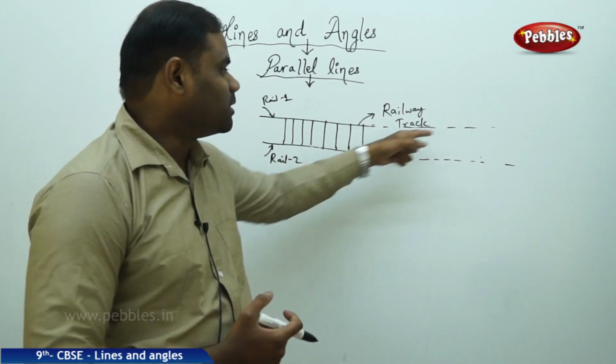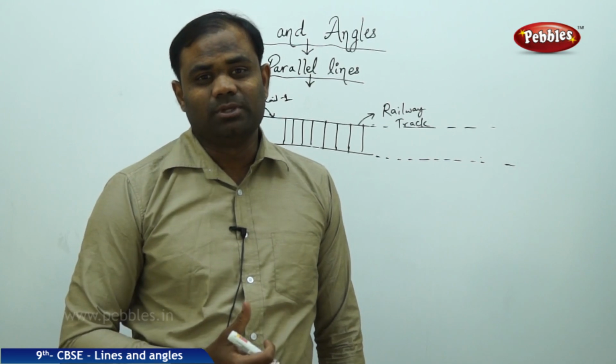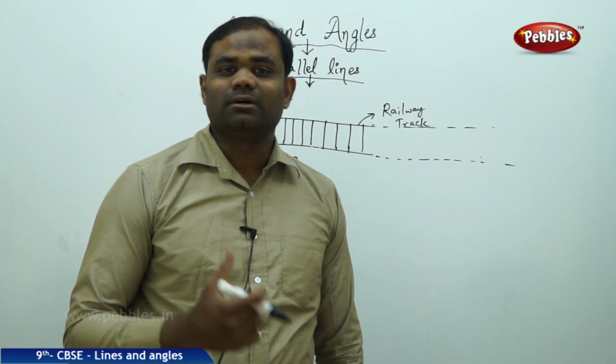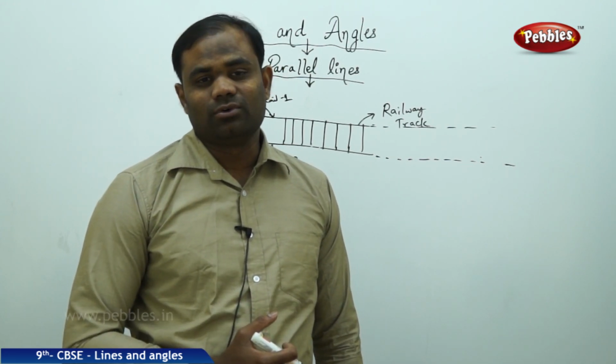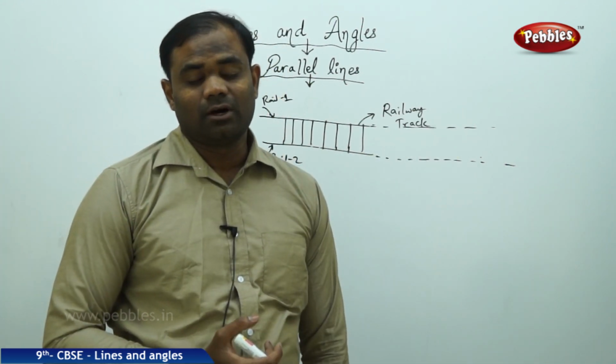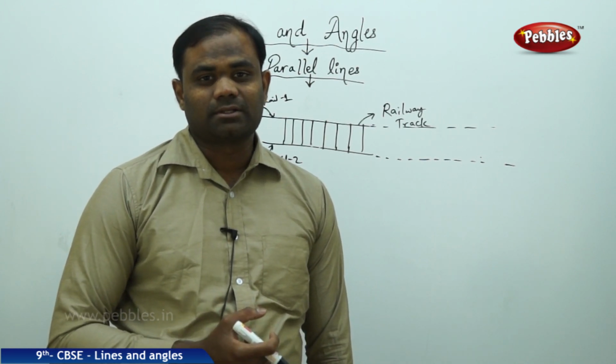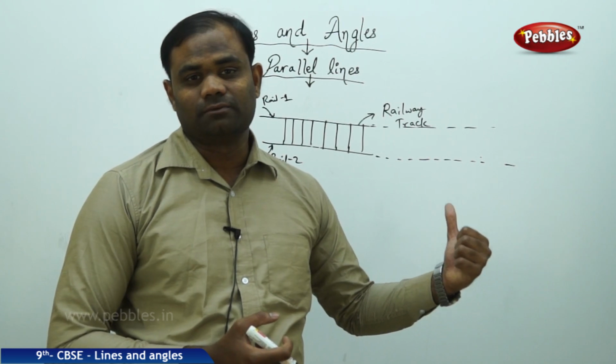Since these two never meet, they are parallel. So mathematically, I define parallel lines to be those lines which never meet. They always go on till infinity, but they never meet. This is how we understand parallel lines. Parallel lines and their properties to be continued further.